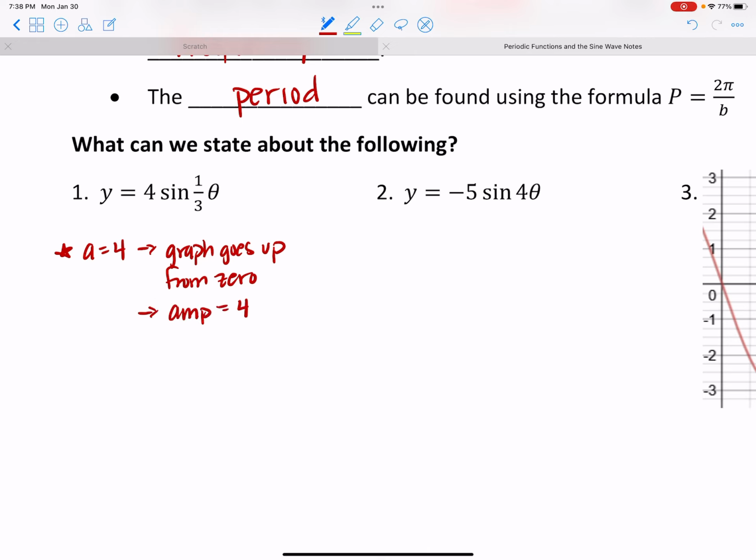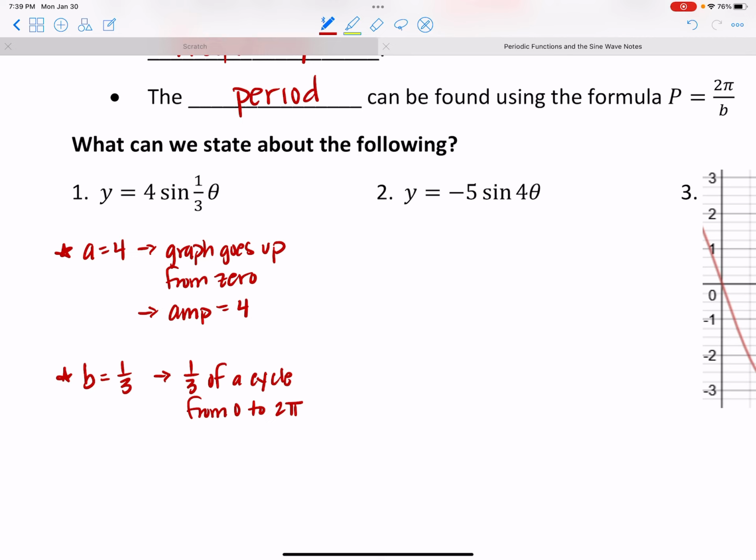So it goes up to a max of 4, and then it's going to go down to a min of -4. And then here, I also have b as a third. So what does that tell me? So b is the frequency, okay? It tells me there's going to be 1/3 of a cycle from 0 to 2 pi. Okay, only 1/3 of a cycle is going to fit in there.